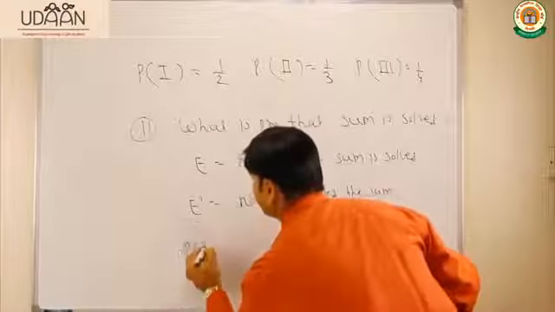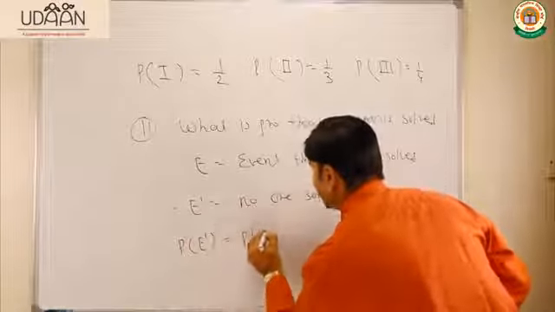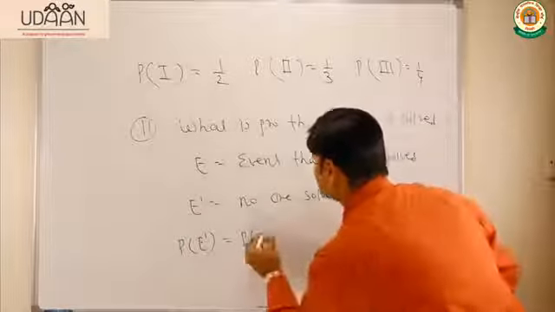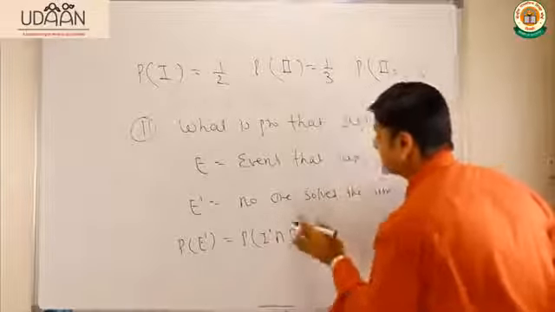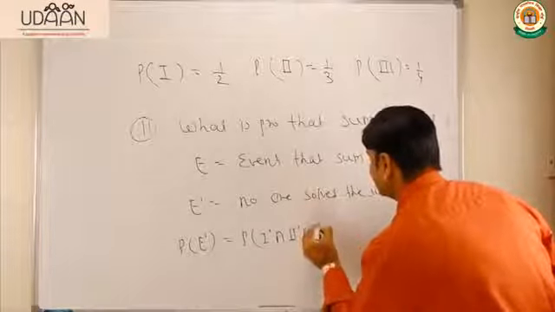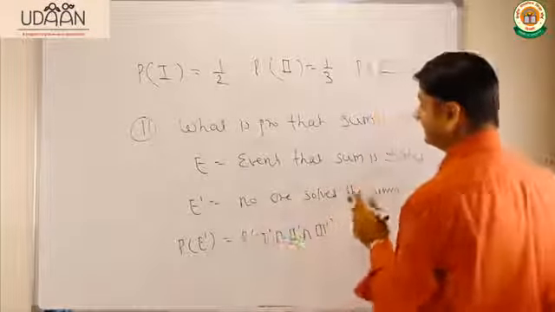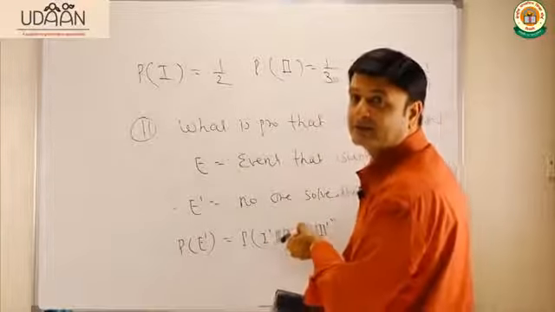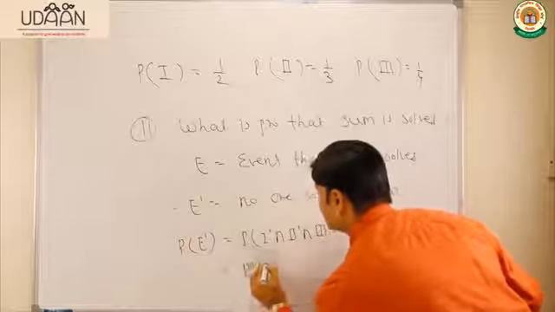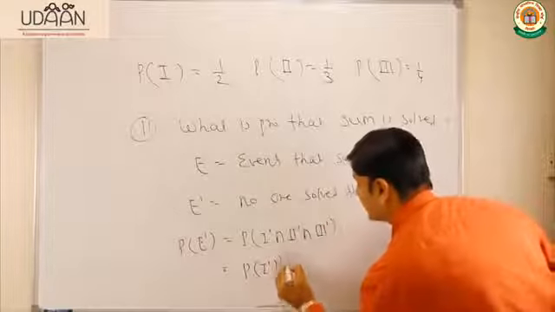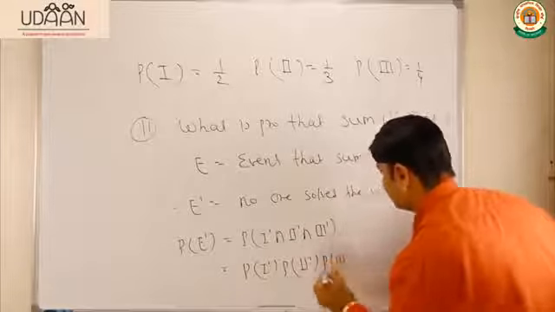So P of E complement means no one solved the sum. The first student did not solve the sum, and the second did not solve the sum, and the third did not solve the sum. By the multiplication theorem for independent events, it is equal to 1 complement into 2 complement into 3 complement.